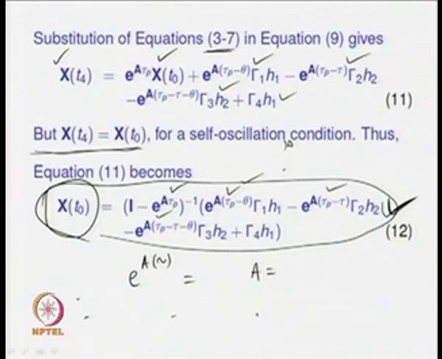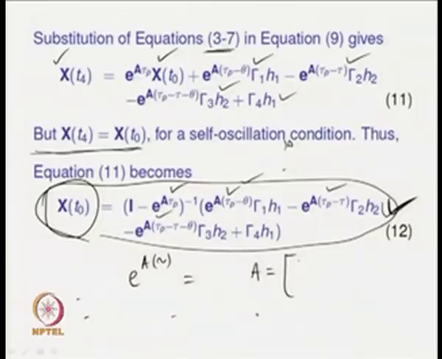So, care has been taken to find A in diagonal form, where we have found A as lambda 1, 0, 0, lambda 2. If it is not so, it is very difficult to obtain the matrix exponentiation, and subsequently it will be very difficult to simplify the analytical expressions we have obtained so far.